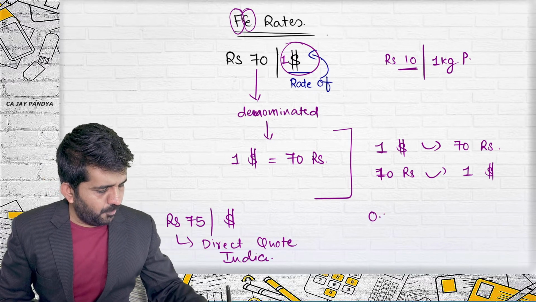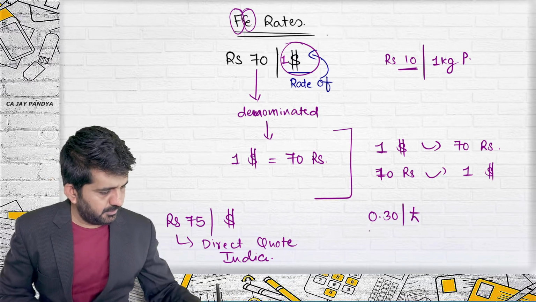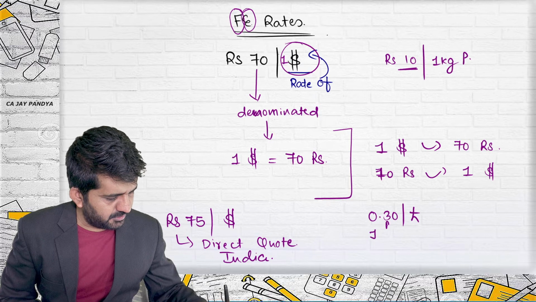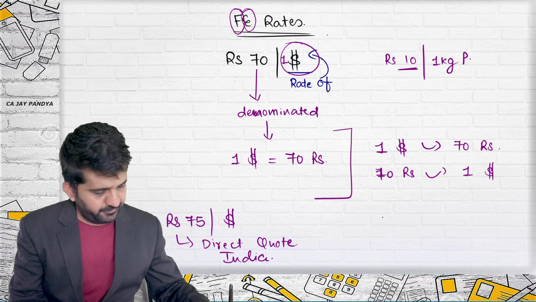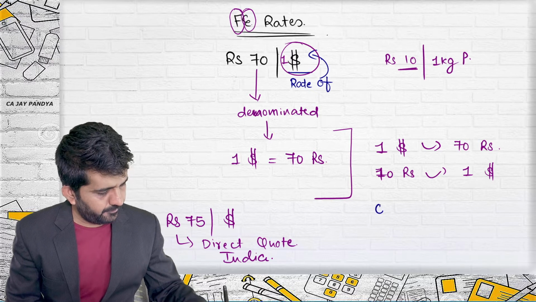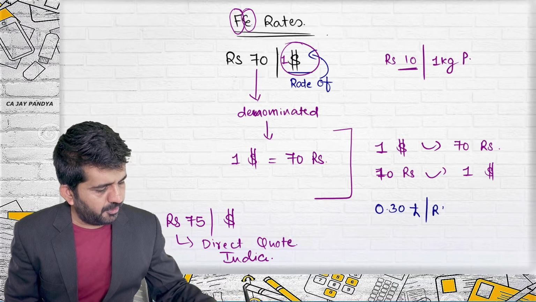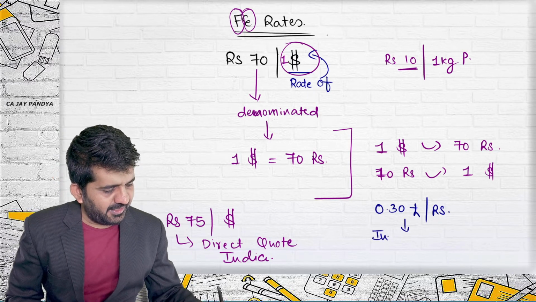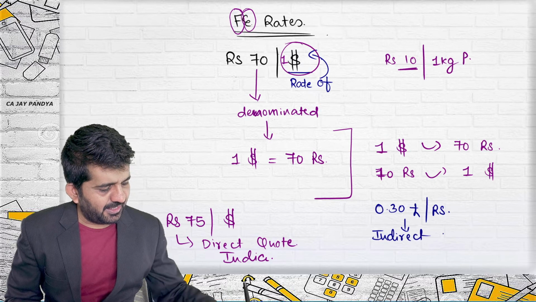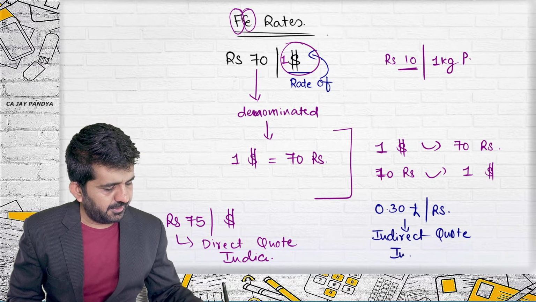And 0.30 pound per rupees will be treated as indirect quote in India.